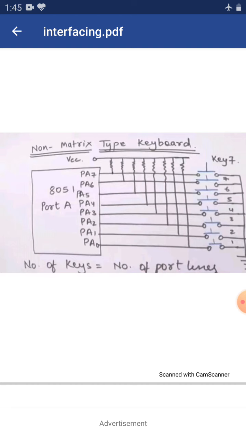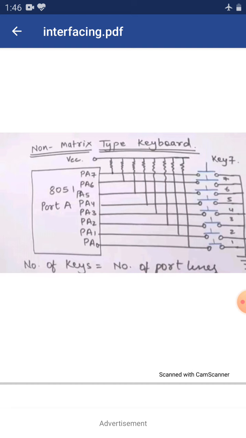The second point was debouncing. Debouncing means the key, when released after being pressed, bounces back. When the key is pressed and released, only then does the 8051 consider the 0 value, otherwise it won't consider that particular value.